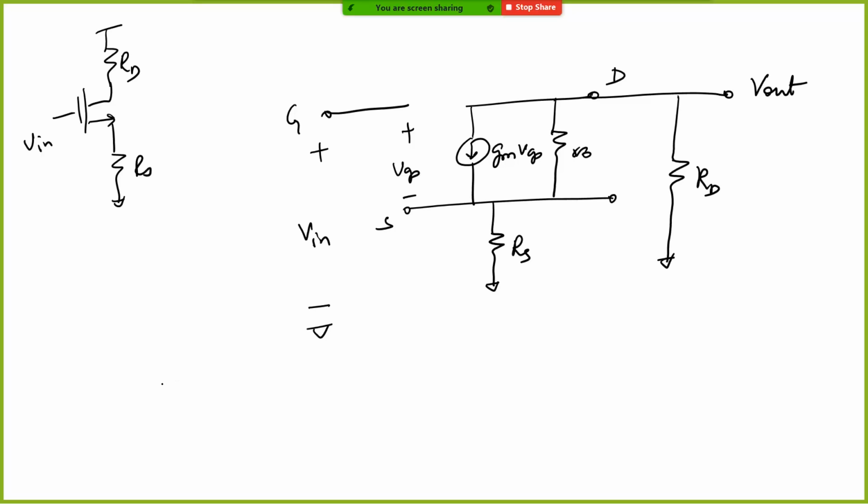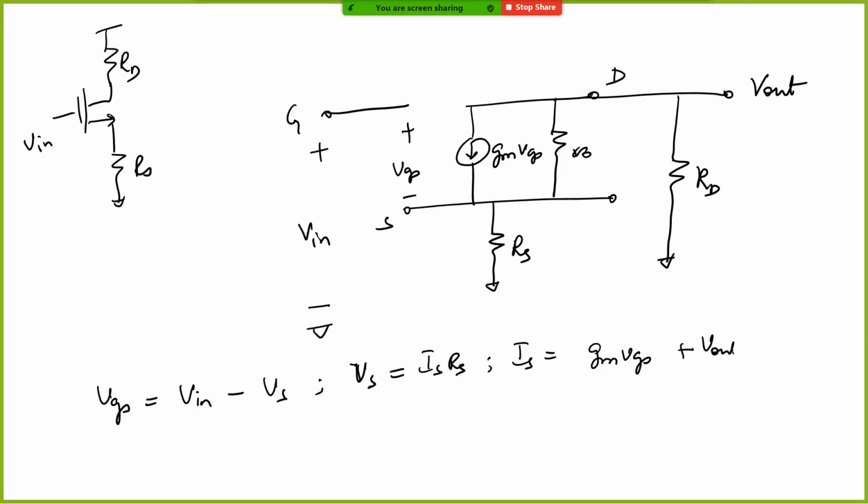So now you can analyze this by saying that VGS is nothing but V in minus Vs. And what is Vs? Vs is nothing but the current Is into Rs. So what is Is here? It is GM VGS plus V out minus Vs divided by R0.